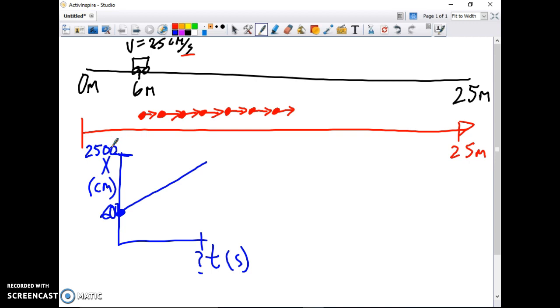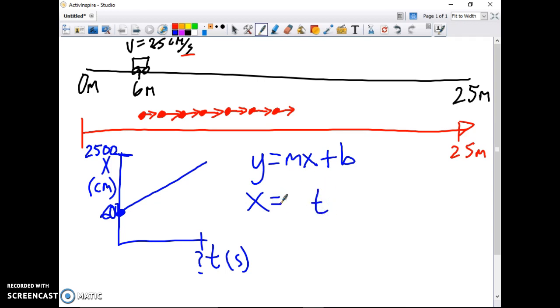And then finally, since this is a straight line, we can model straight lines in the form y equals mx plus b, if you remember. In this case, however, y and x are our variables. The y variable is position, so I'm going to put x. The x variable is time, so I'm going to put t.